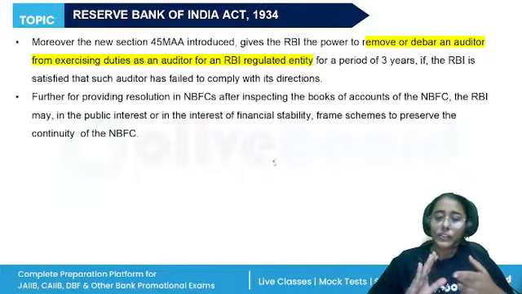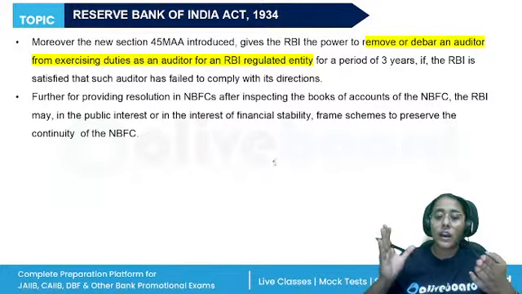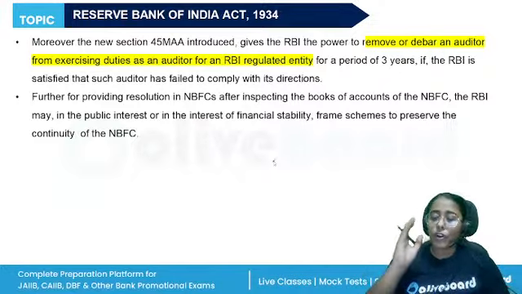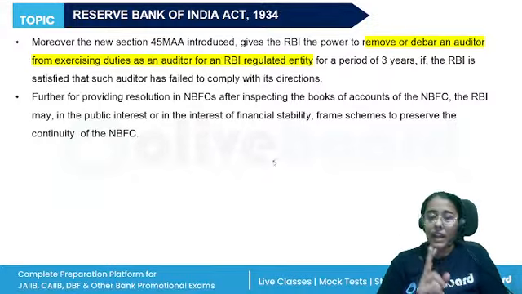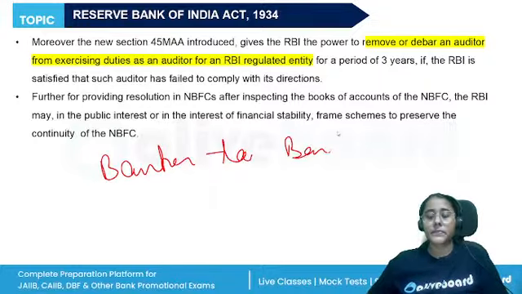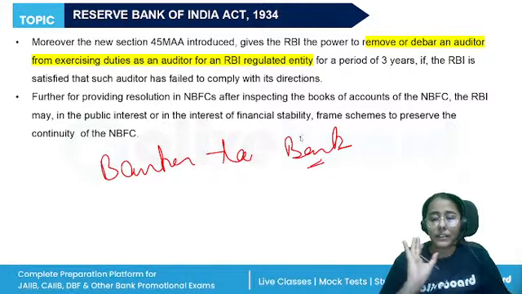All right. So, establishment, incorporation, management, the business that RBI may transact, all of these things are given in the RBI Act. What else? RBI acts as a lender of last resort. I told you RBI acts as a banker to the bank. Let's say banks are on the verge of bankruptcy.